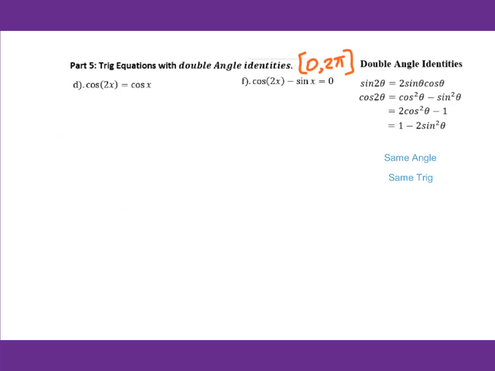Let's go to F. Cosine 2x minus sin x equal to 0. First of all, we already got the sin x. We try to get the same trig. That's why for cosine 2x, you have to change it into this form. You will get 1 minus 2 sin square x, then minus sin x equal to 0.